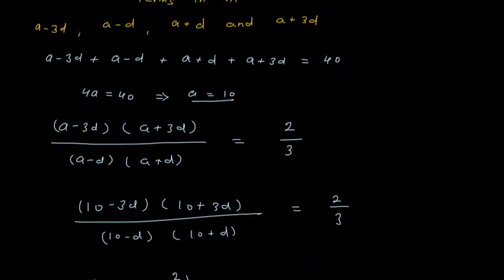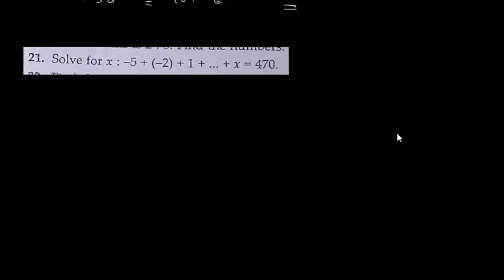Okay, so this is question number 20. Question number 21 is: solve for x, minus 5 plus minus 2 plus 1 plus, till x, the sum is 470. Now if we see here, the difference is plus 3, so this is an AP.